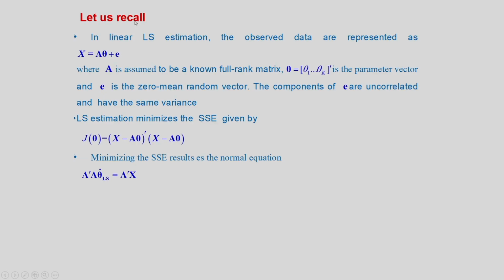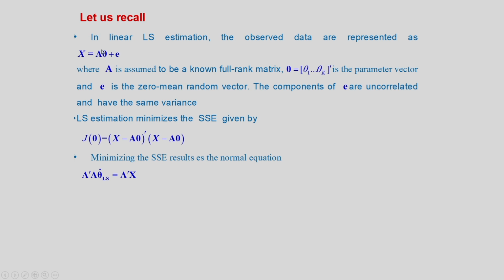Let us recall in linear LS estimation the observed data are represented as x = Aθ + e vector, where x is the data vector, A is assumed to be a known full rank matrix and θ is the parameter vector.